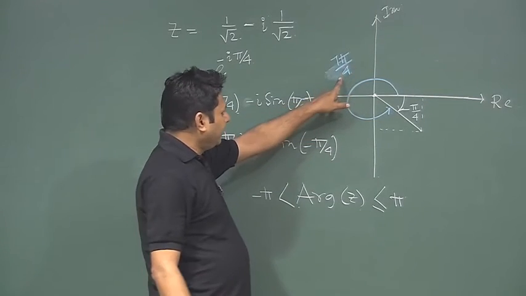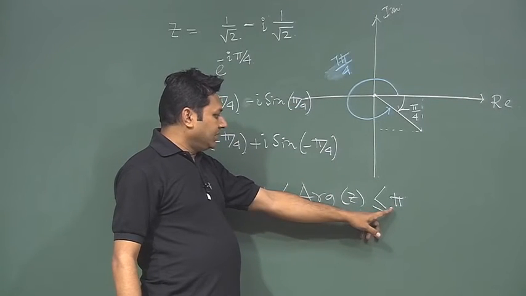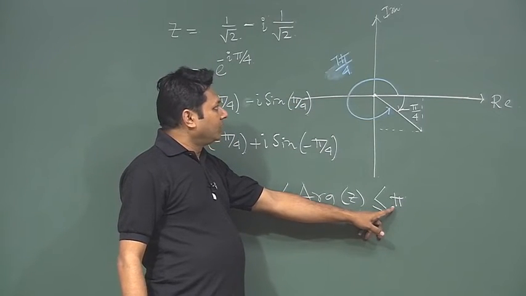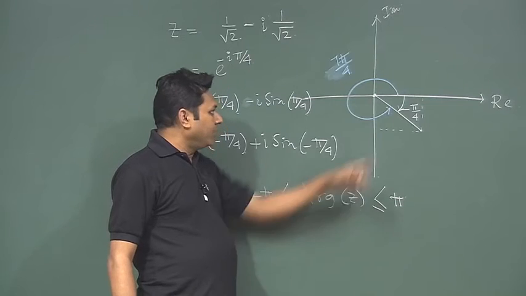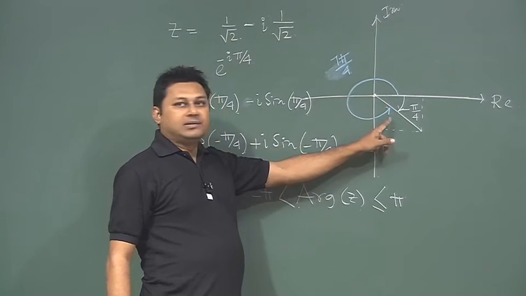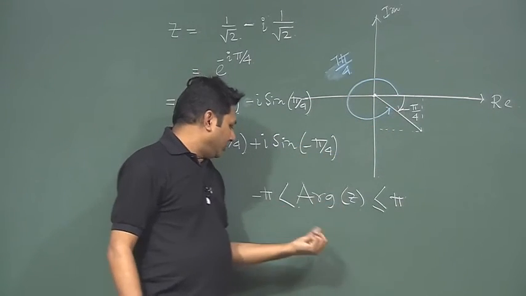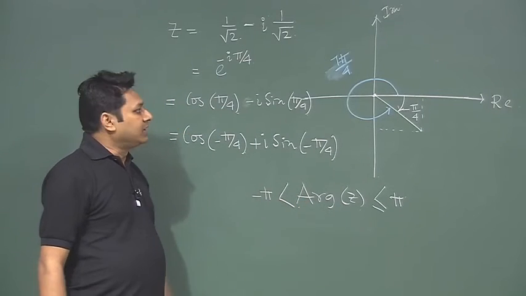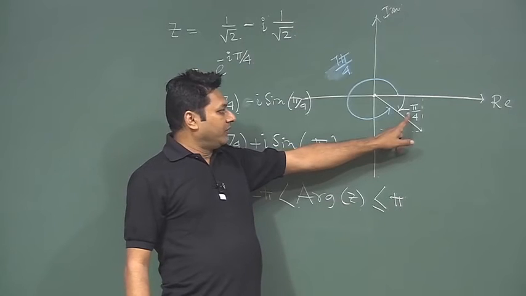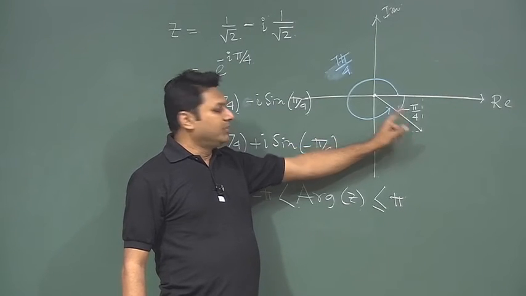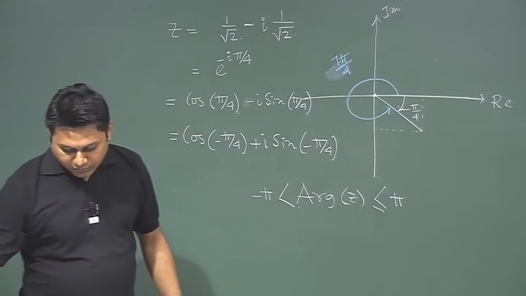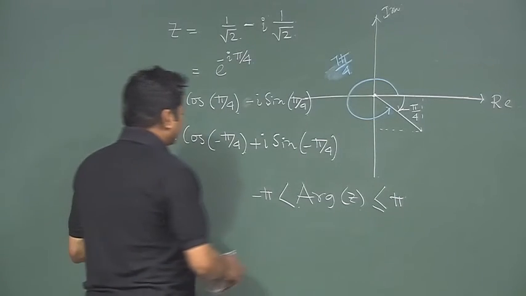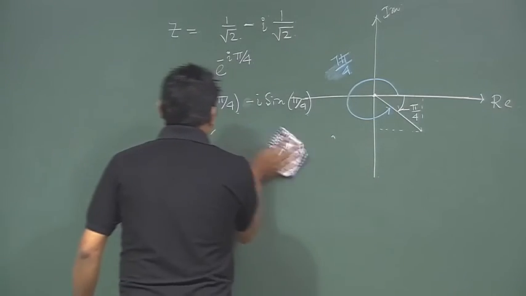So, 7 pi by 4 is obviously greater than pi. That is why the argument should not be this blue one, rather it will be minus pi by 4, because minus pi by 4 falls in this limit. So, the principal value of the angle should be minus pi by 4. That is the thing I wanted to mention here.